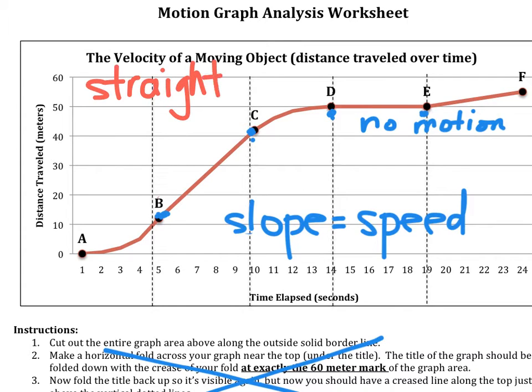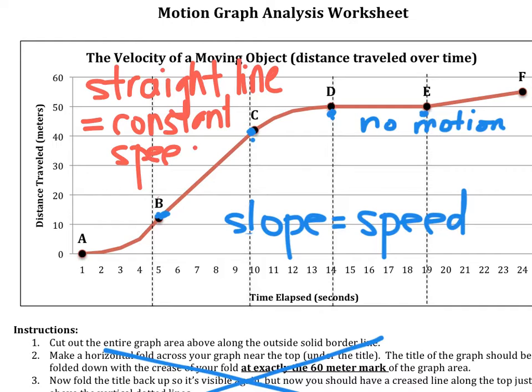So I'm going to write straight line equals constant speed. Now in this section between C and D, the line is actually curved. So what this is telling us is that the person is actually slowing down.